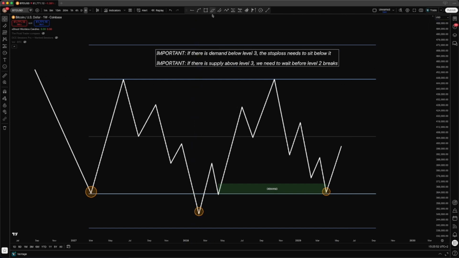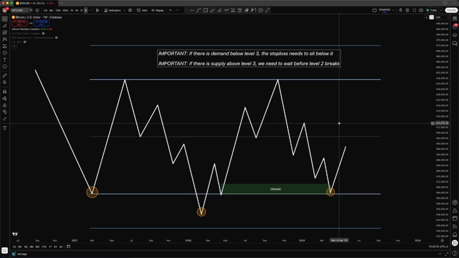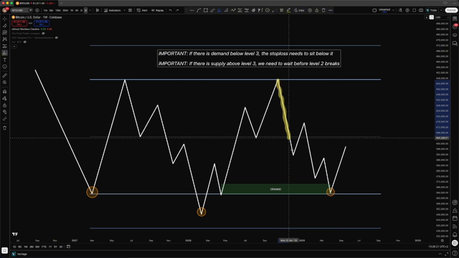So in this case, if we get the levels and we want to find an entry, this is how it works. This is our level 1. This is the main structure, and as you can see, we broke the main structure. So what we will do, we will say this is a break of structure.